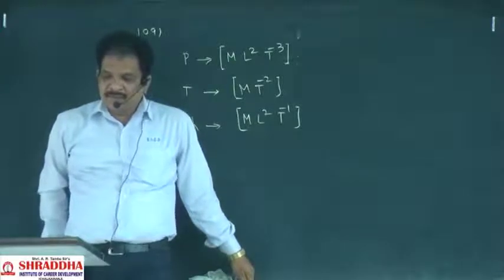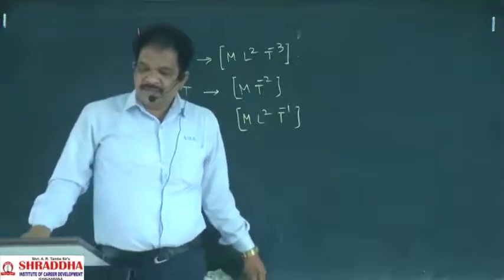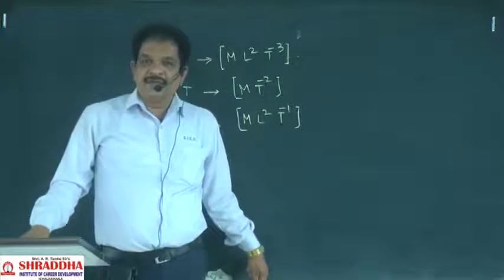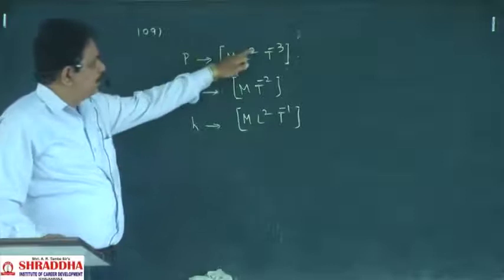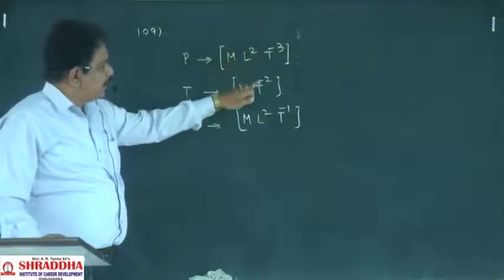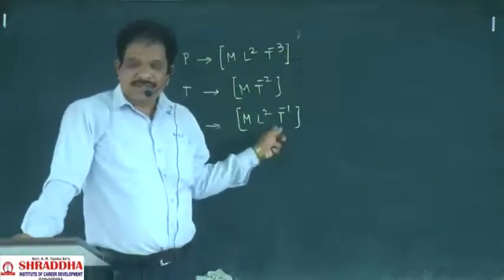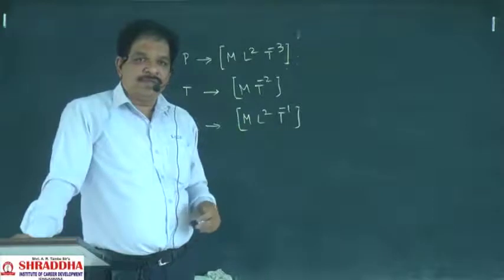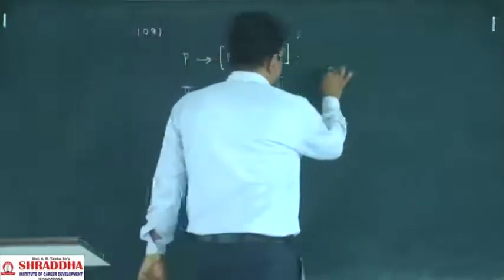Then arrange them in the ascending order for considering the time dimensions. So here time dimensions will be T power minus 3. Next greater value T power minus 2. Next greater value will be T power minus 1. So what is the order?